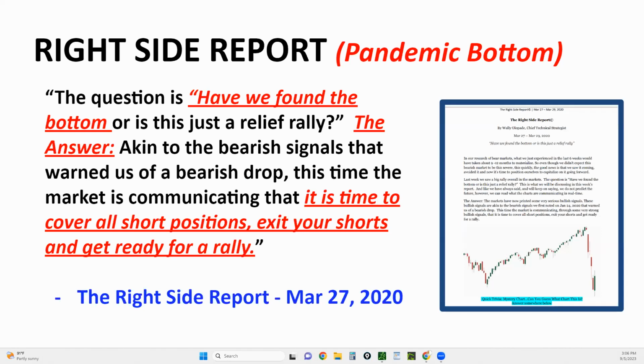We saw that, hey, we're kind of confused about seeing this. And I said, look, it's time to cover all your short positions, get ready for a rally. The market actually rallied.